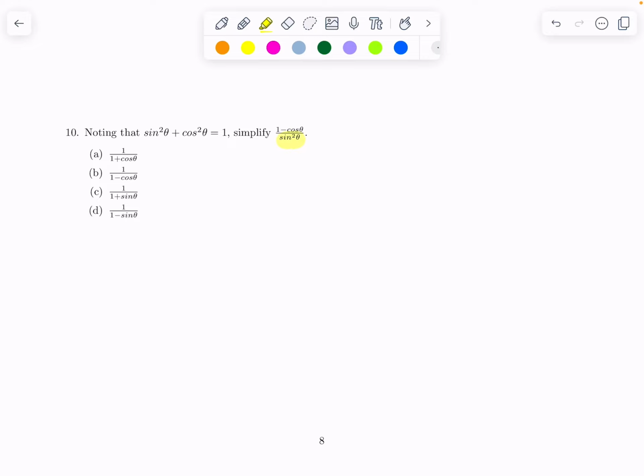So given that sine square theta plus cos square theta is equal to 1, I can make sine square theta the subject of the formula. So I have sine square theta is going to be 1 minus cos square theta, and this can be written as 1 square minus cos theta square.